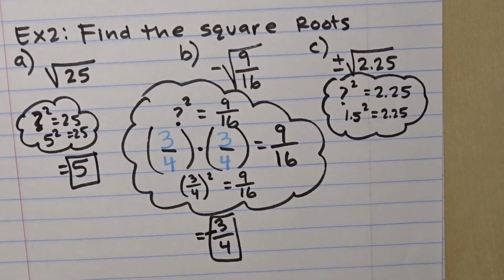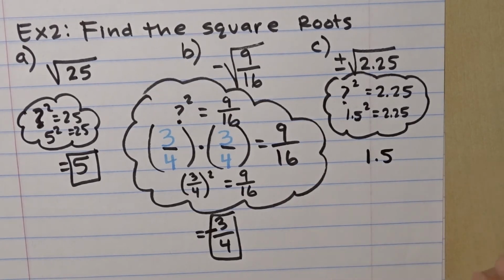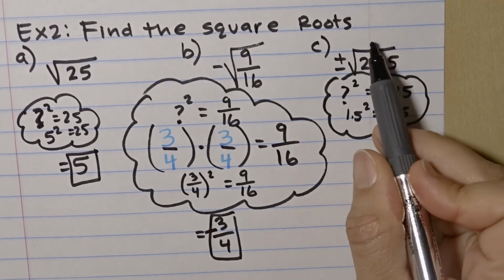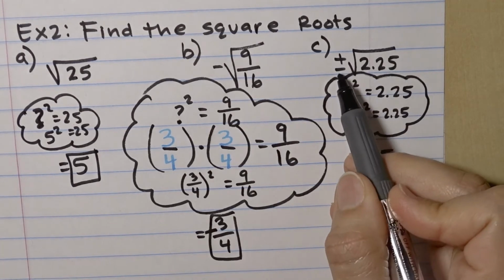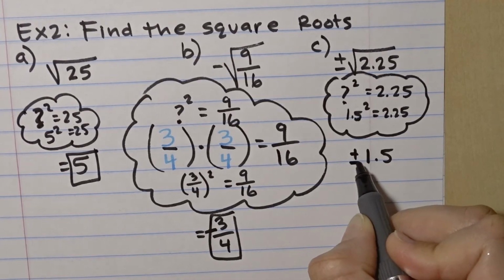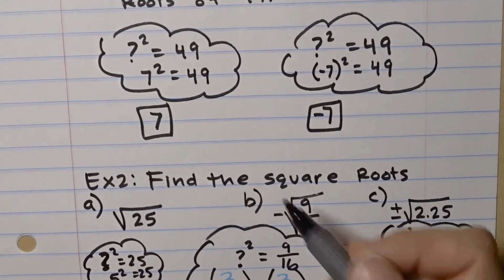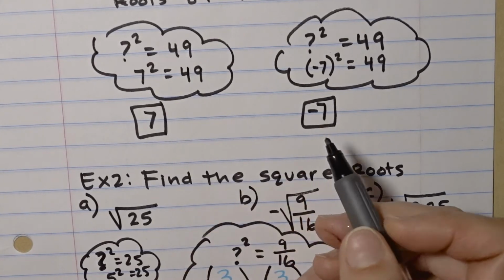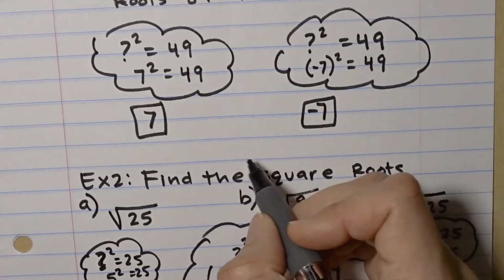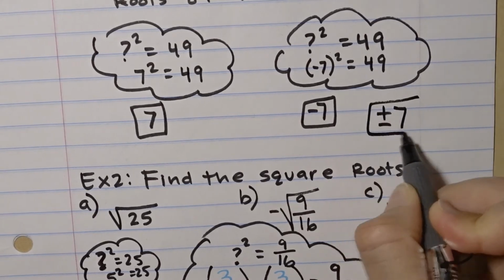And so therefore, what number to the second power is 2.25? 1.5. And notice, after we calculated our square root, they want the positive and the negative number. So we're going to say positive 1.5 and negative 1.5. Which brings me back to this question up here. Instead of writing them separately, that's kind of just a shortcut way of saying your final answer would be positive and negative 7.